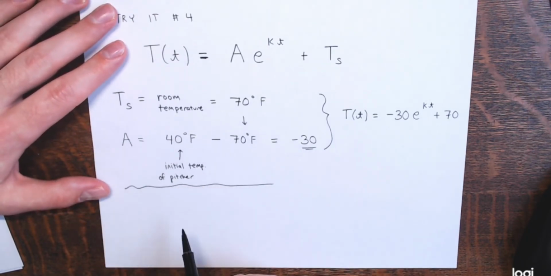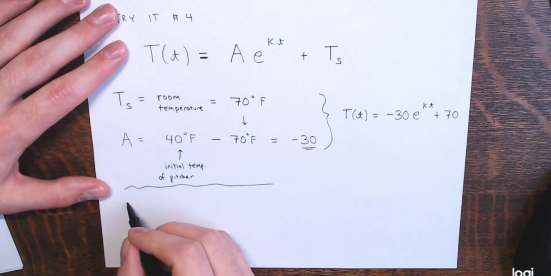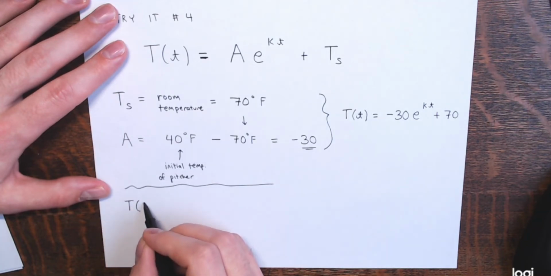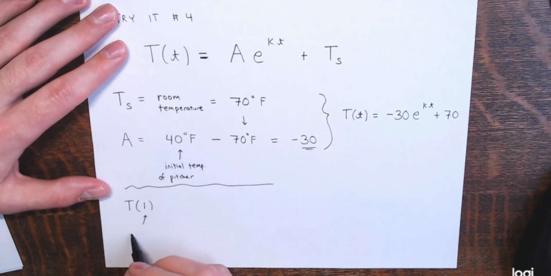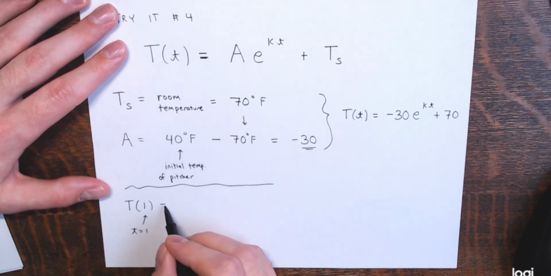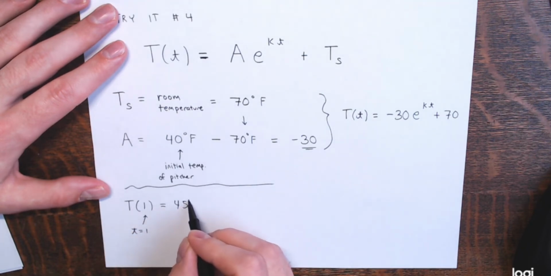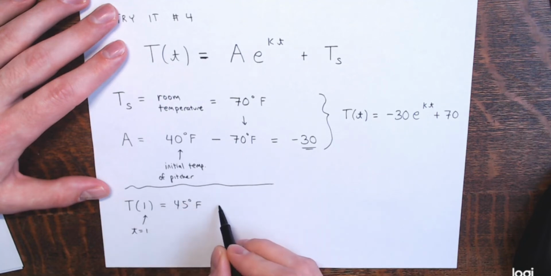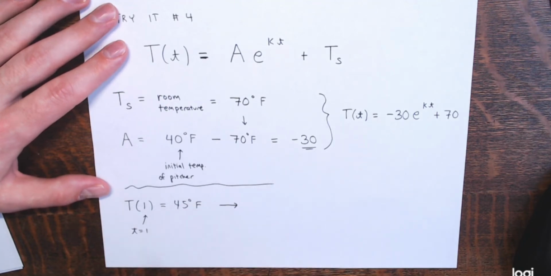They said 1 hour later, the temperature of the pitcher had risen to 45 degrees. So the temperature of the pitcher 1 hour later, so little t is 1, is 45 degrees. So I'm going to use that to set up an equation that we can solve for k.